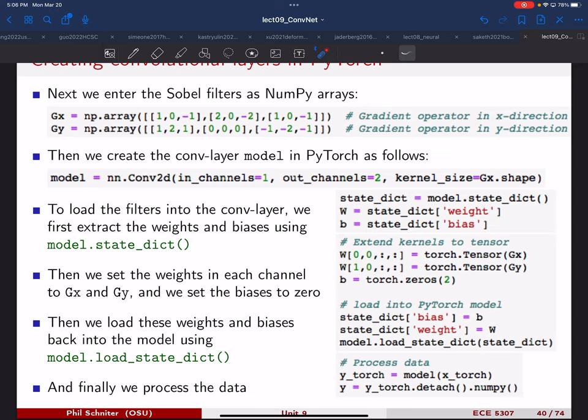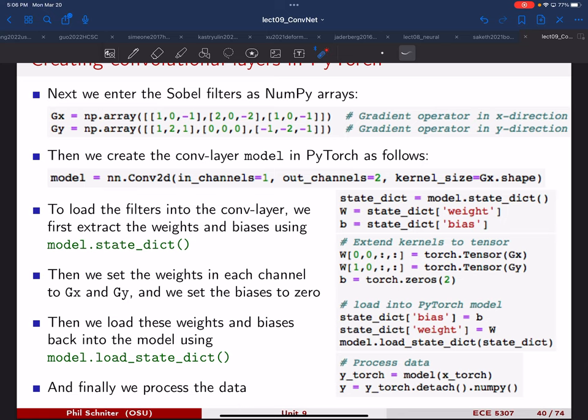Okay, so now we have this thing instantiated in PyTorch, and when you do this, it just randomly initializes all the weights and the bias. So what we're going to do next is extract them from the model using the state dictionary, model.state_dict. Then we unpack them from the state dictionary. The weight we'll call W, the bias we'll call B. Then we're going to replace the values in W and B with these GXs.